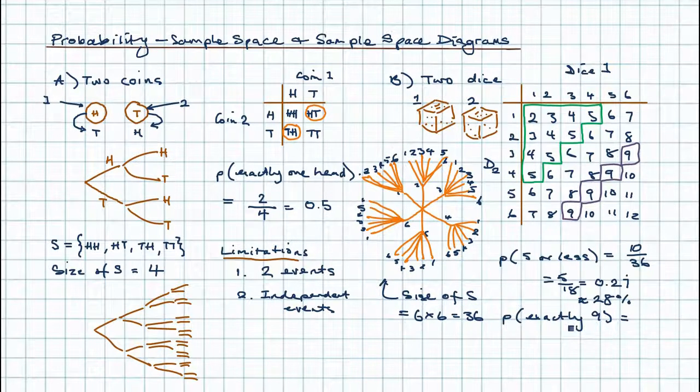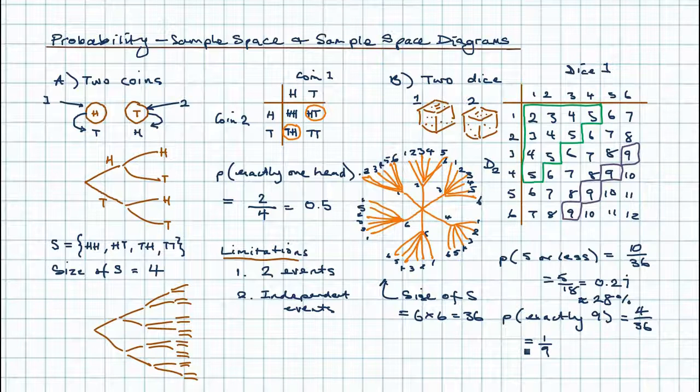So we can say probability of exactly 9, so a favourable outcome would be 9. We've got 4 of them, so we write in the numerator 4, and the total number of outcomes in the denominator is 36.